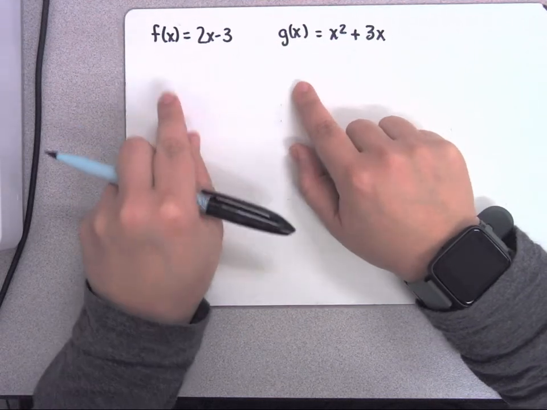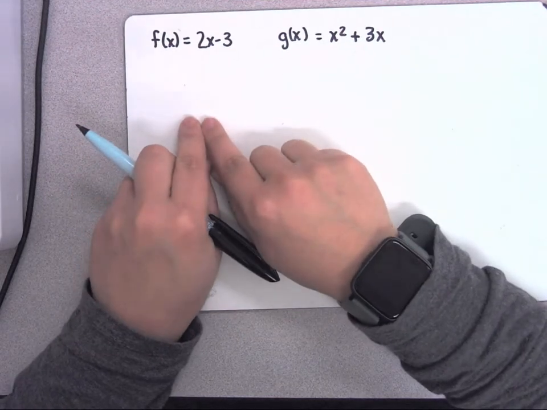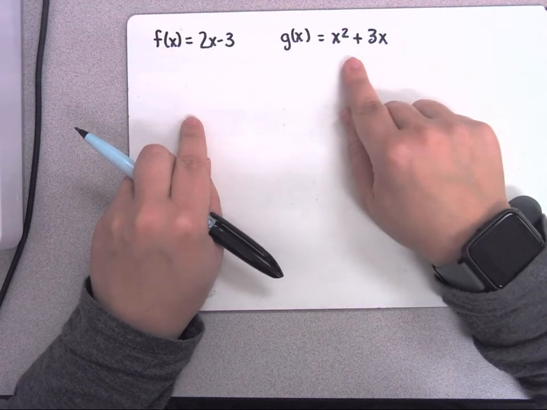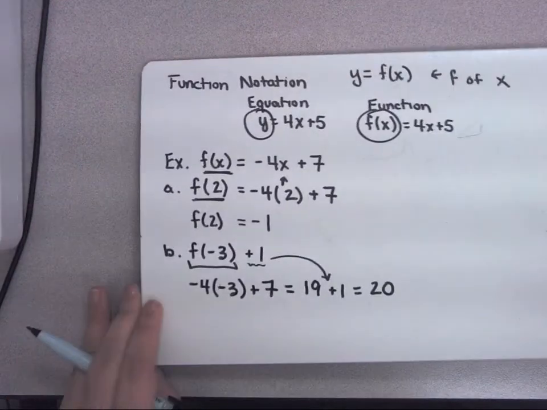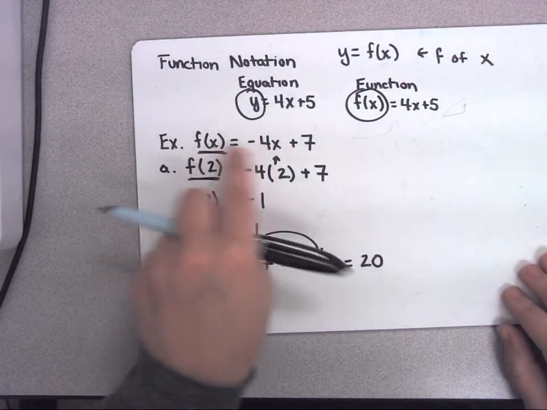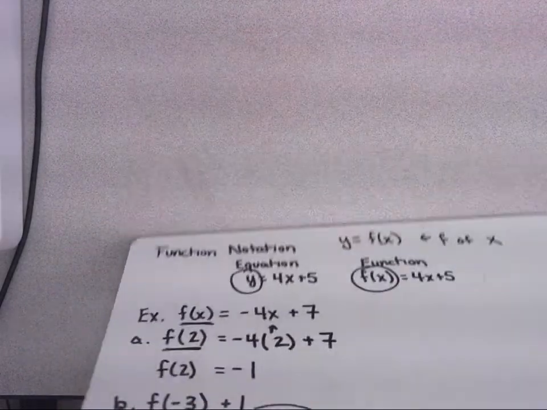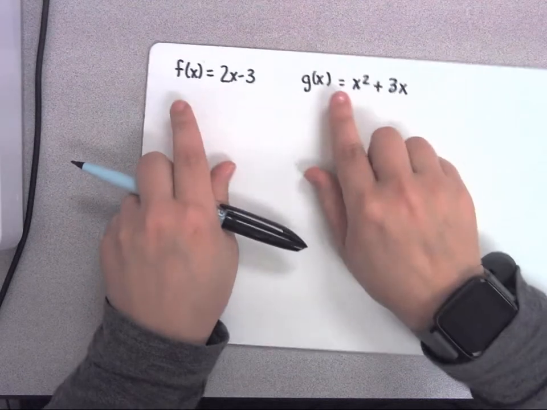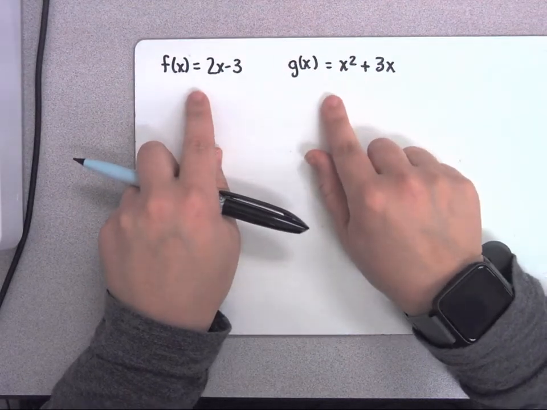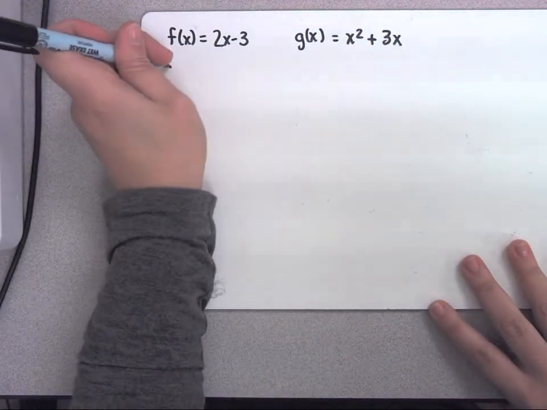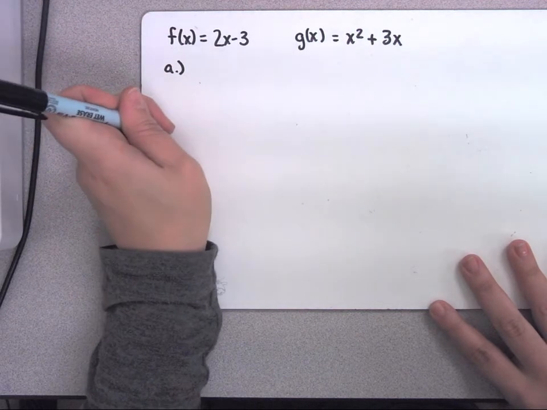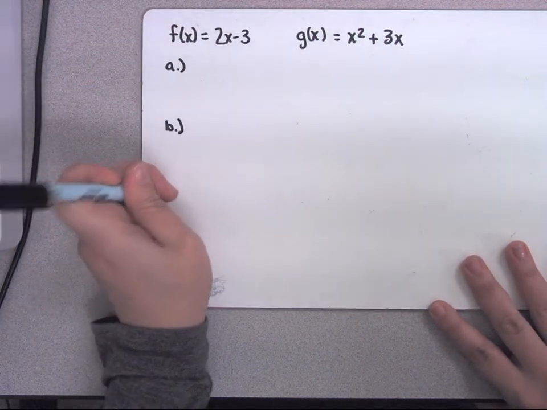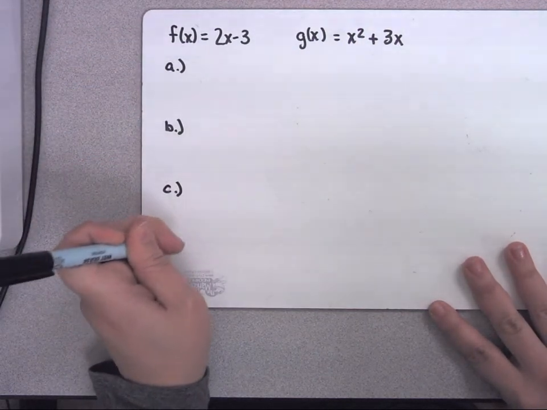So if I say find g of 3, you want to look at the g equation when you plug it in, right? So you know how these all said f of something because we only had one equation? So the only scary part about this is you want to pay attention to where you're plugging it into, okay? So I'm just going to write these down, and then we are going to use our bathroom break, and then we'll come back and do this.